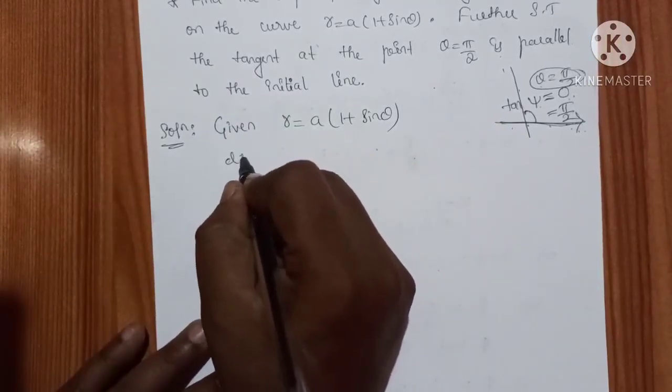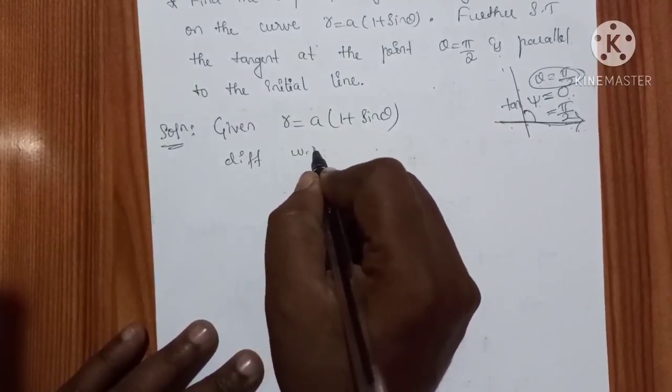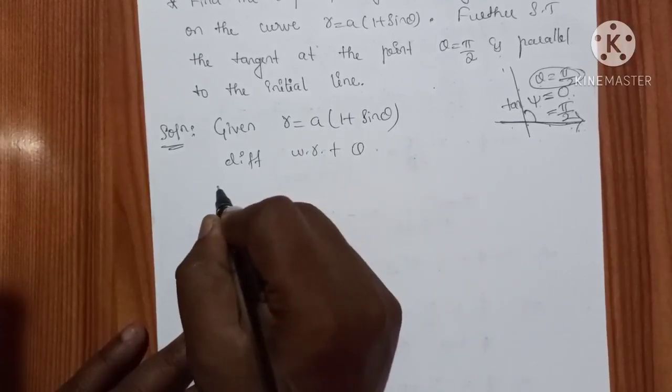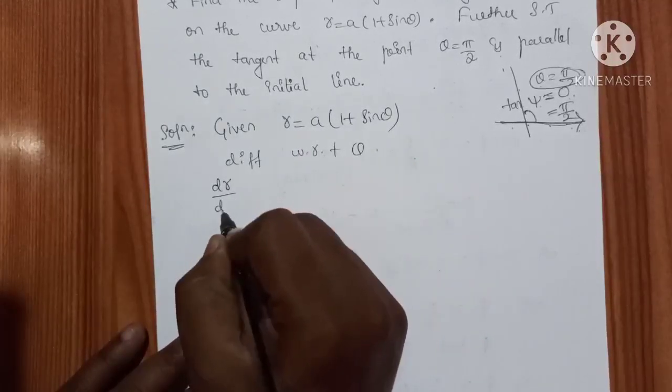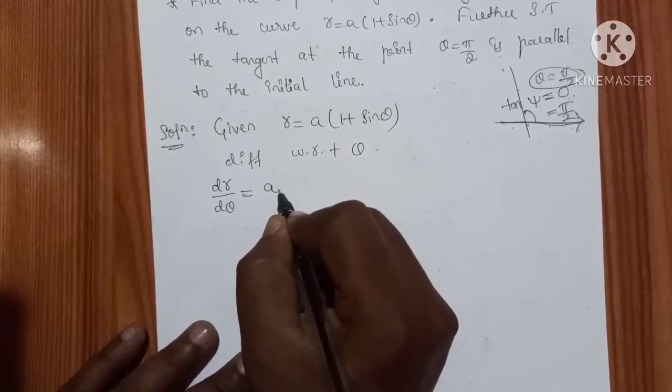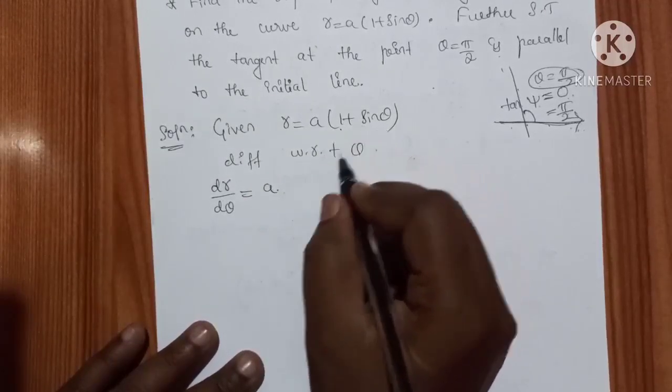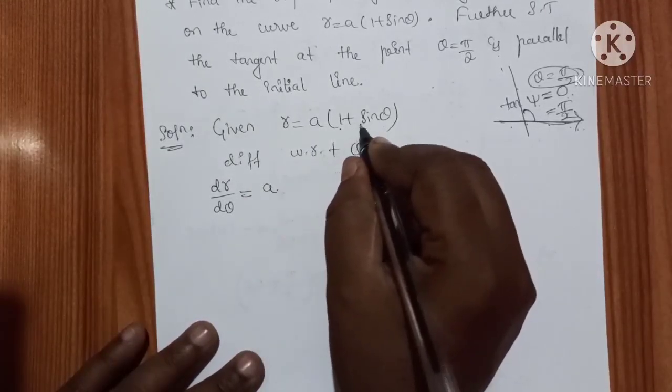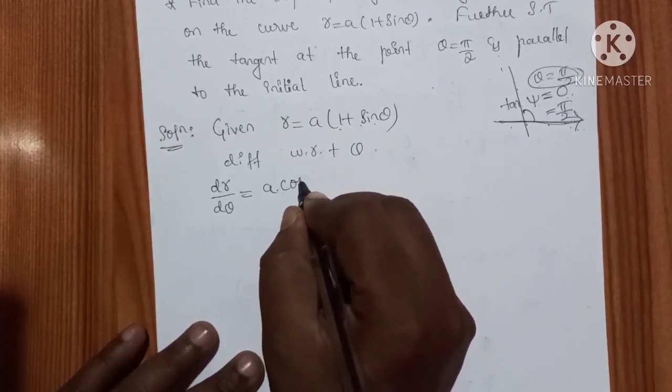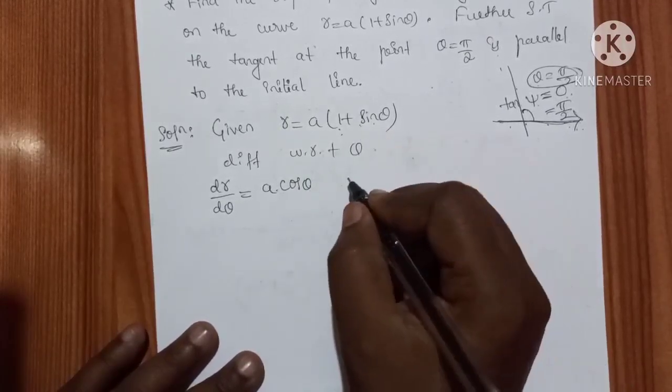Differentiating with respect to theta, we get dr divided by d theta equals a, a constant, into 1 plus sin theta differentiation, which is cos theta; 1 differentiation is 0.